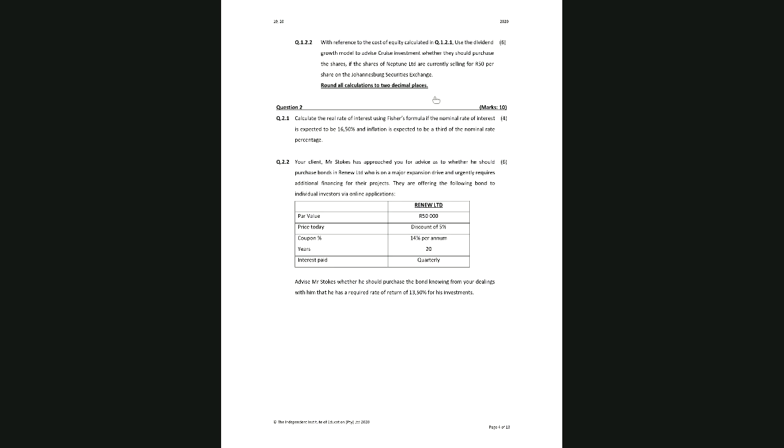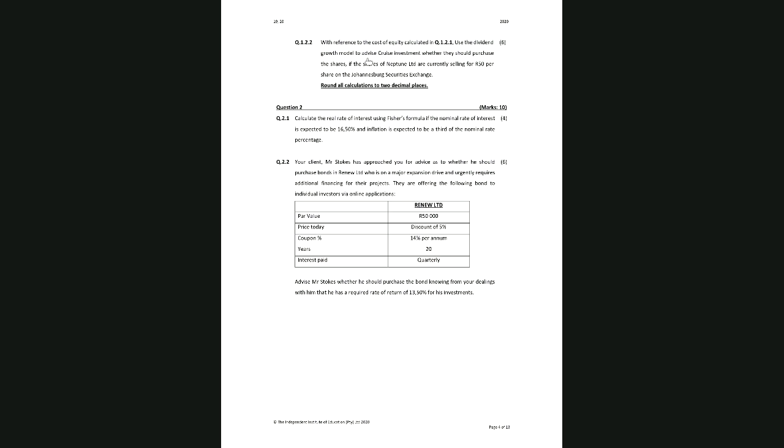And then importantly, there are marks allocated because they have then said advise. So there are marks allocated for coming to a conclusion. There'll be marks given for all those calculations, but you then also have to say, I've calculated that P0 equals this value, so this is the value that the share should be trading at on the market.